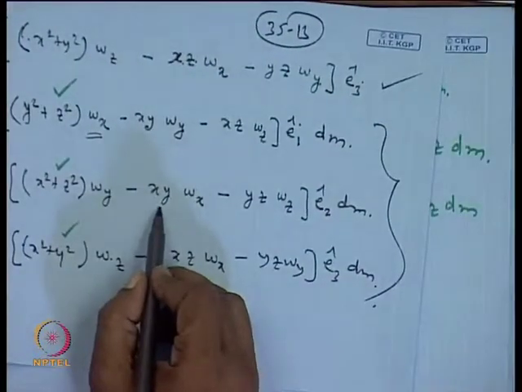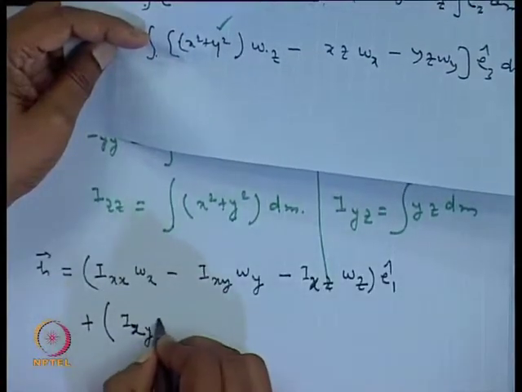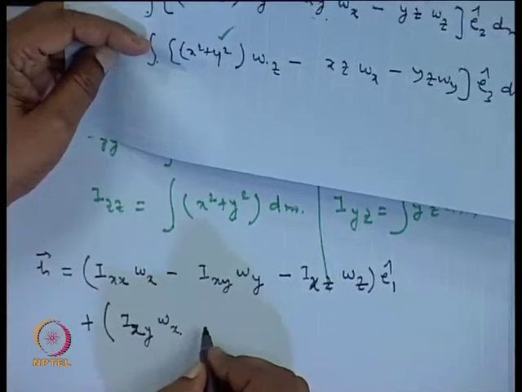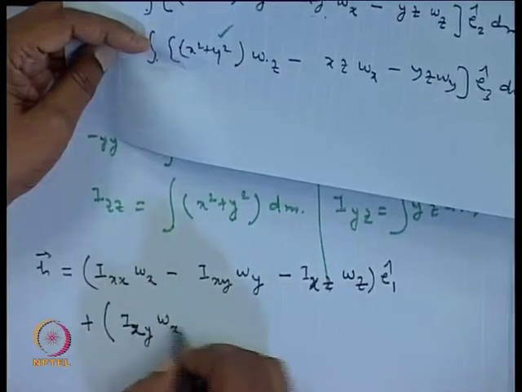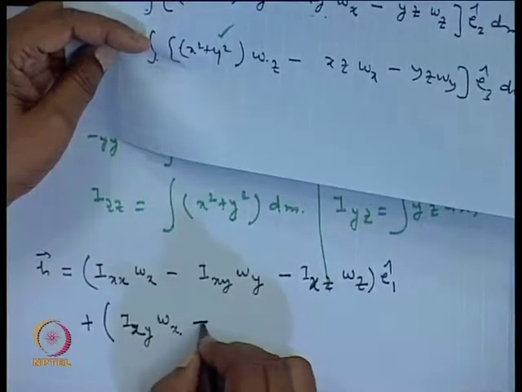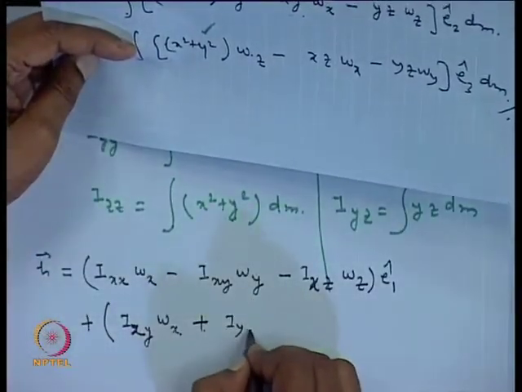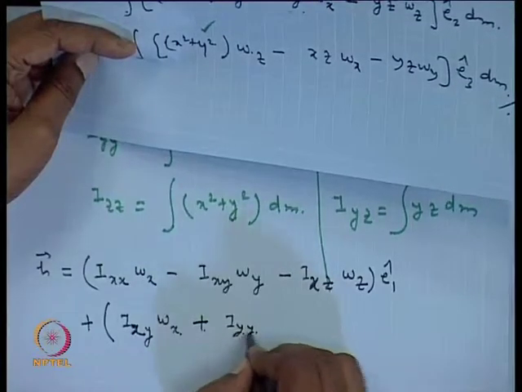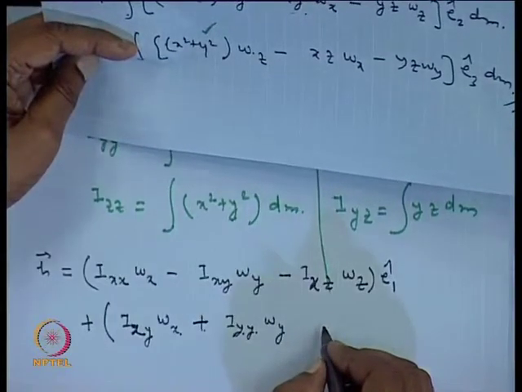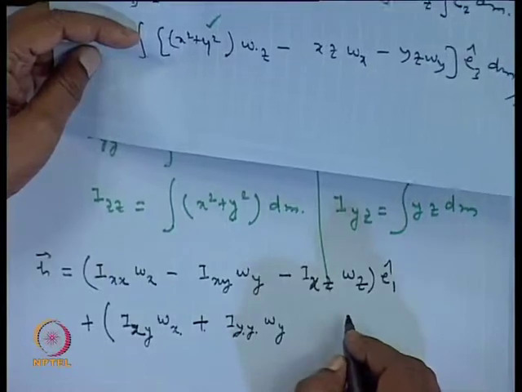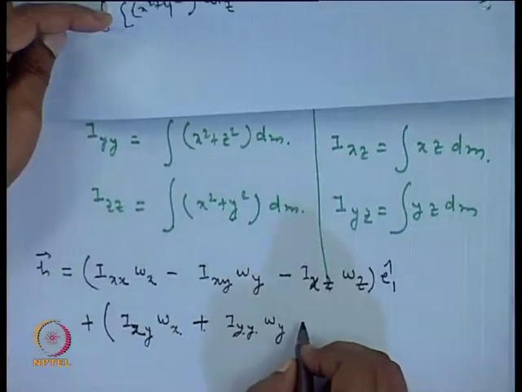Again, you have to take this term first: minus I_xy times omega_x, plus then this term we choose, and here we write I_yy times omega_y, and then the last term here is I_yz.